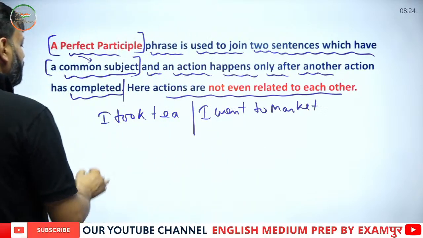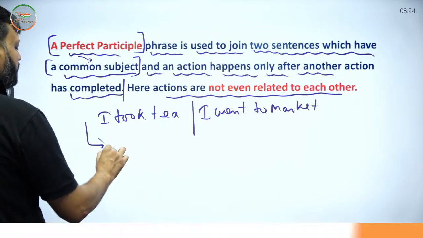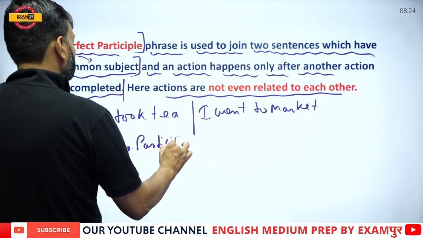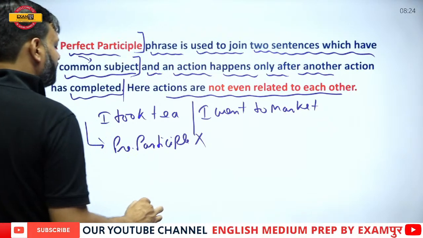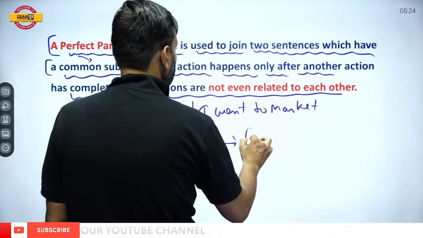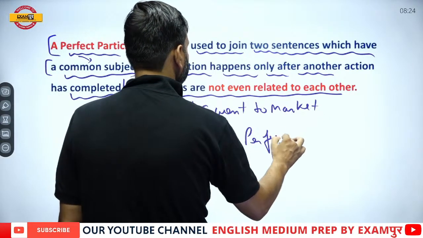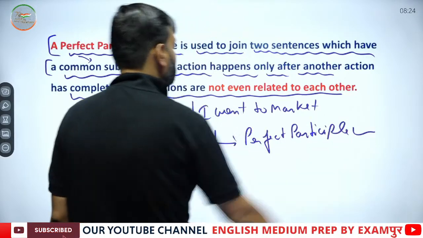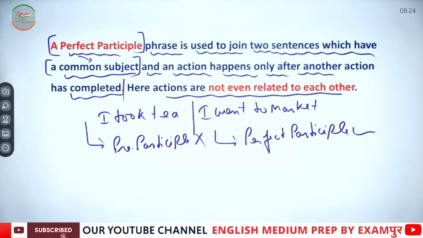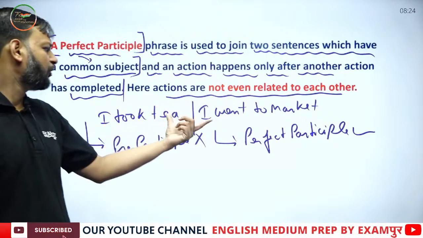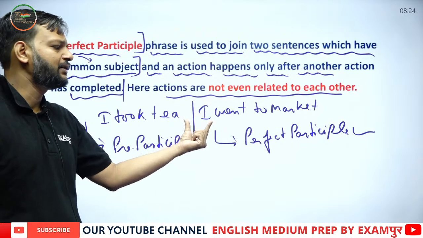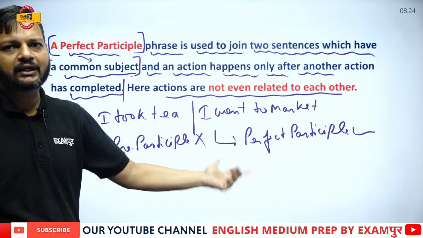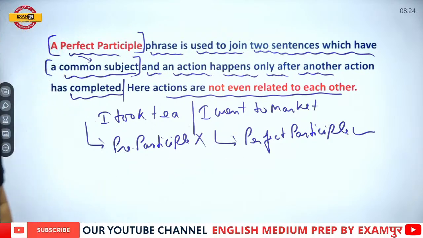In this sentence we cannot use present participle, but perfect participle can be used, because subjects are common but actions are not simultaneous. So in this case we cannot use present participle, but we can use perfect participle.